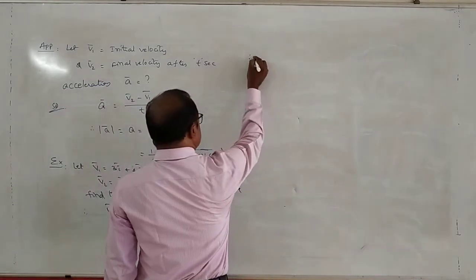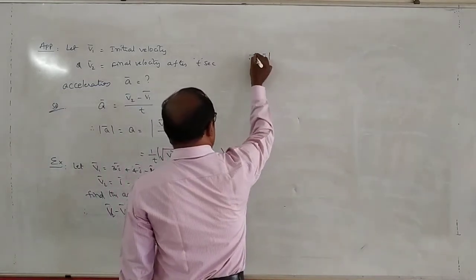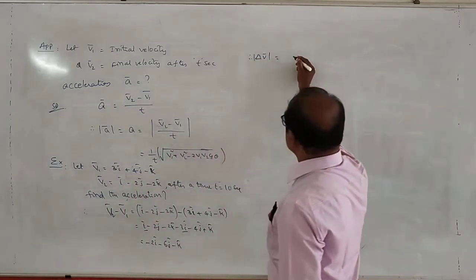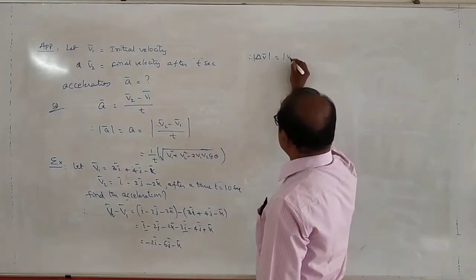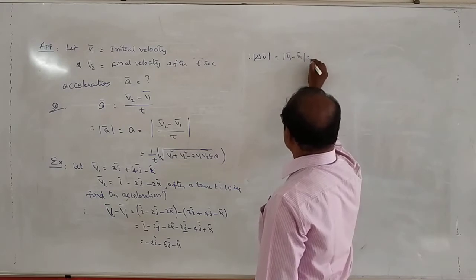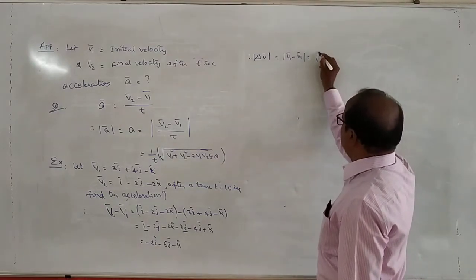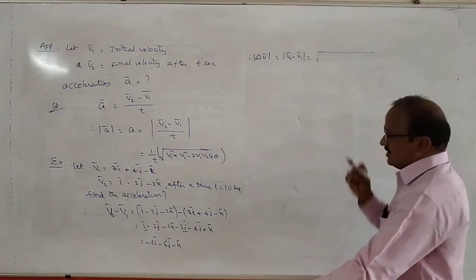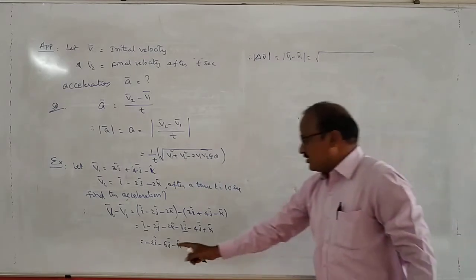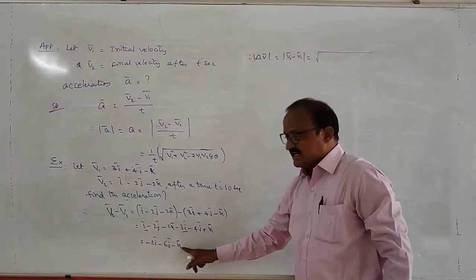Magnitude of change in velocity is given by modulus of delta v bar, equal to modulus of v2 bar minus v1 bar. This is equivalent to root of ax square plus ay square plus az square.